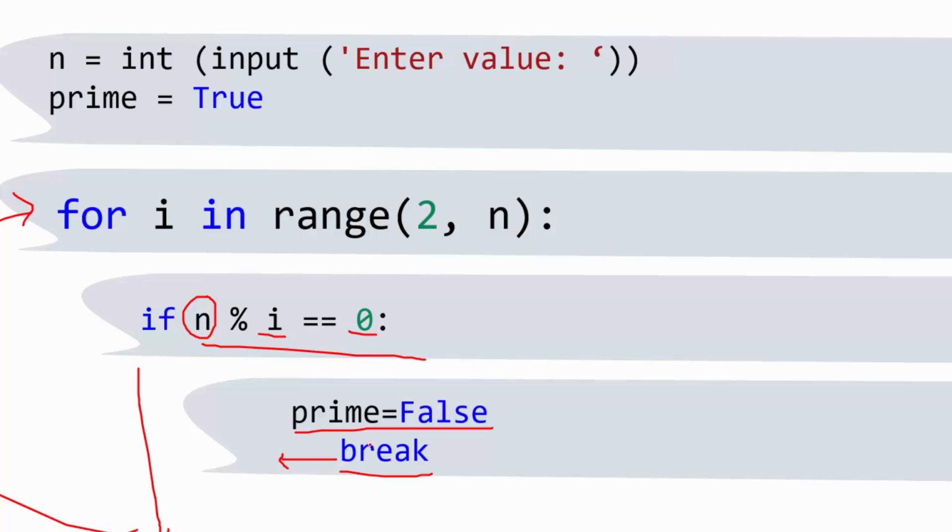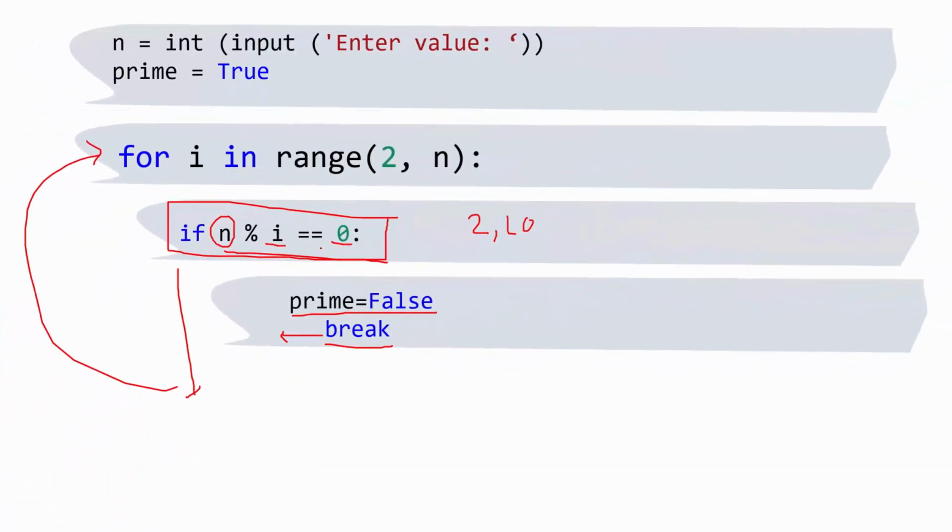If you enter 11, what's going to happen? 11 is a prime number. This condition will always be false from 2 to 10. 11 modulus i will not return 0 for 2, 3, 4, none of them will be true.